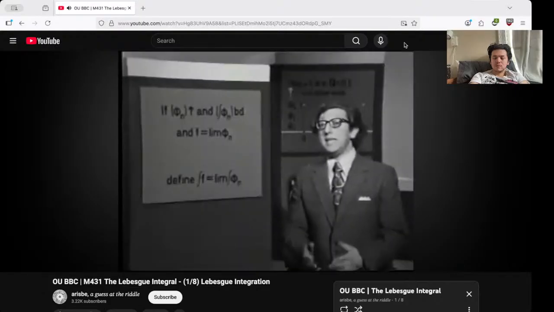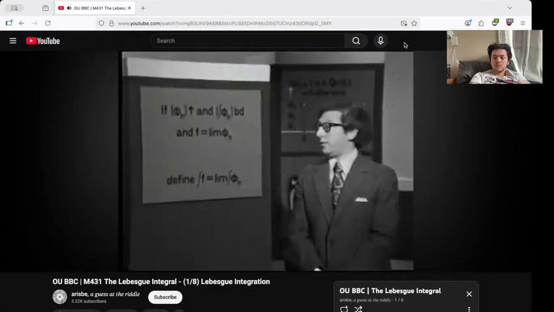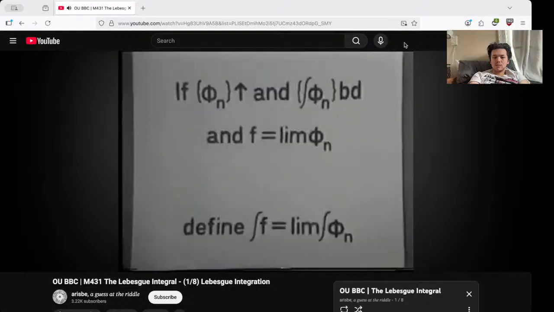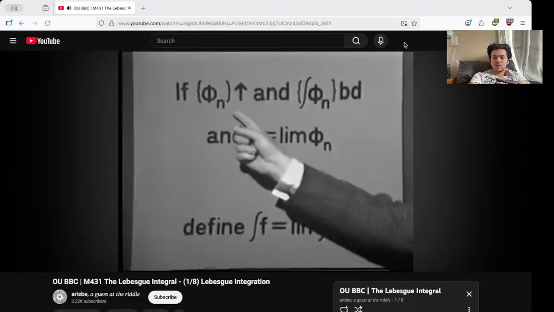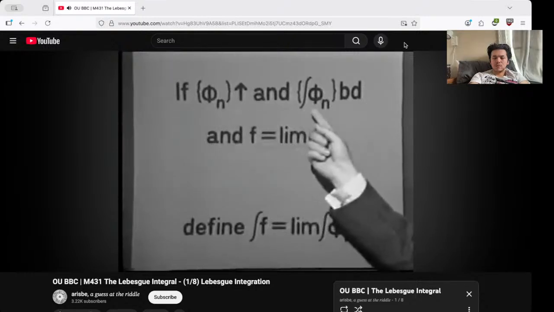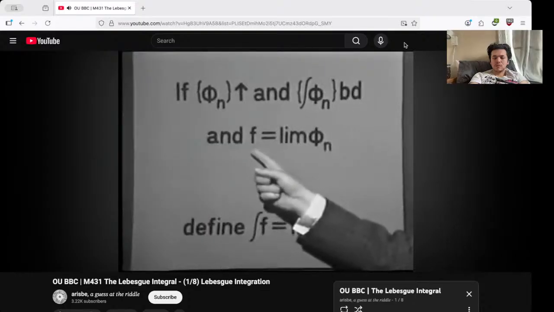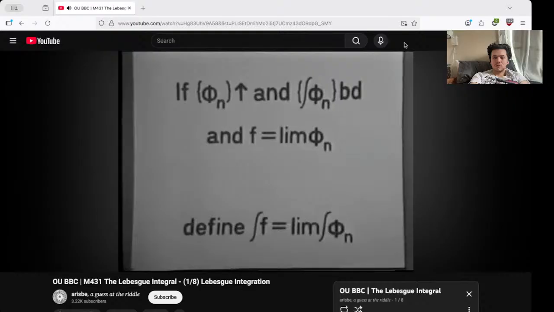Well, how do Ian's null sets affect our definition? In practice, this is what happens. You give me a function f, and you ask me to find its Lebesgue integral. What I have to do is find an increasing sequence of step functions, such that the sequence of integrals is bounded, and such that that function you've given me is the limit of that sequence of step functions.